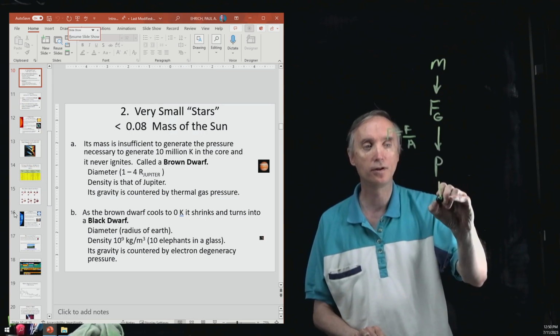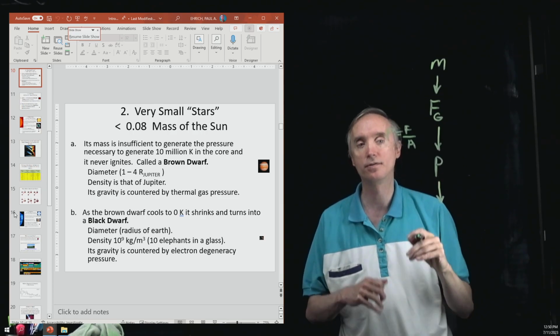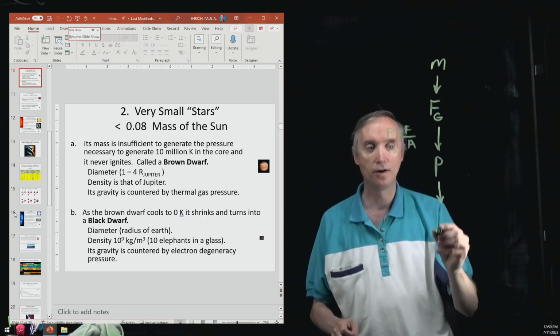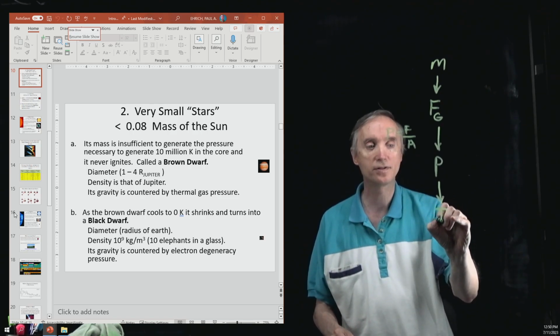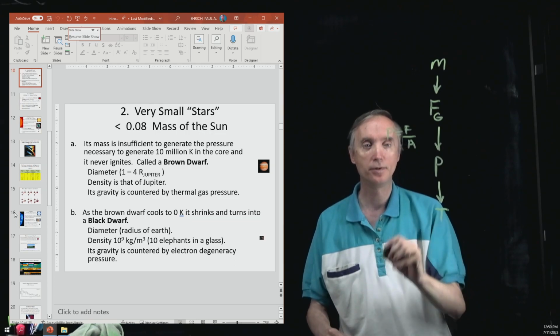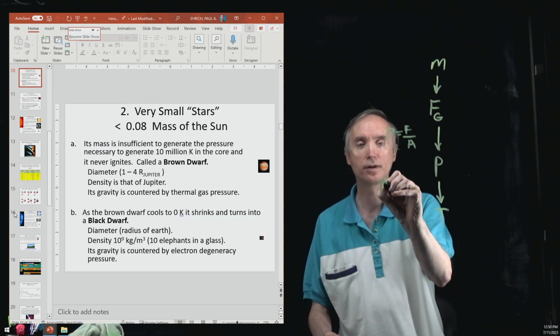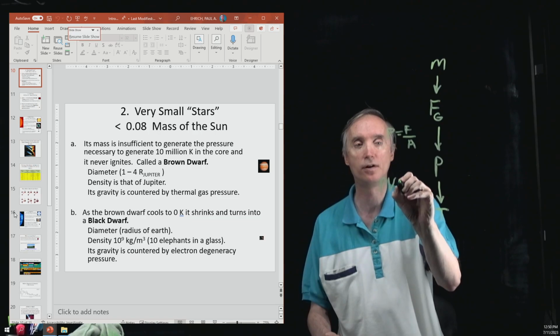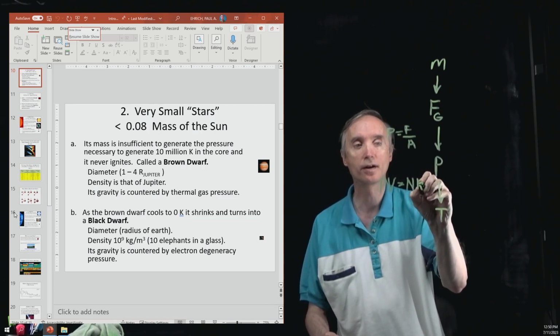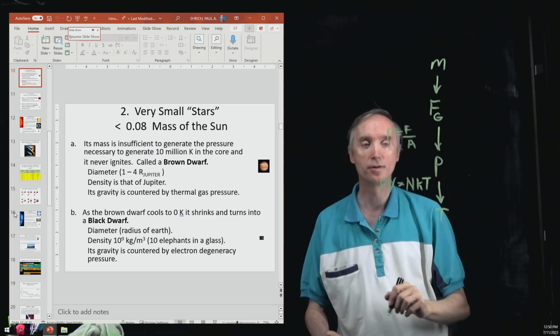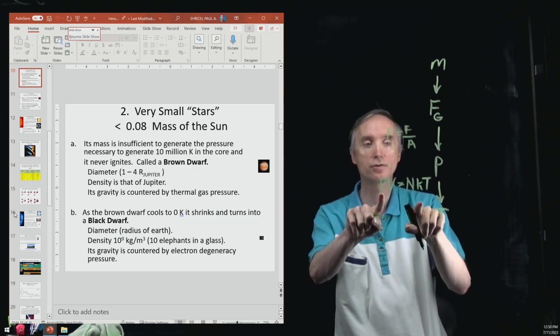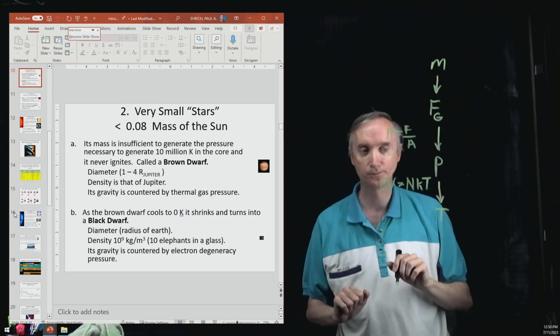Then we can go down a little bit further and say that the greater the pressure on a star, the greater its temperature is going to be, because we're going to use the ideal gas law. Pressure times volume is equal to the number of gas molecules times a constant times T. But the main thing you should see is if the pressure goes up, the temperature goes up.